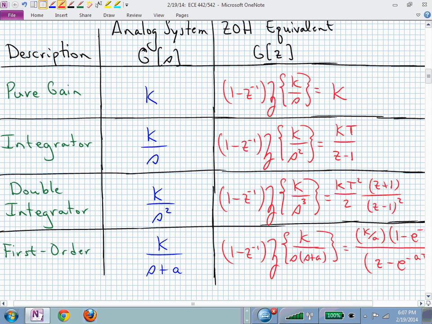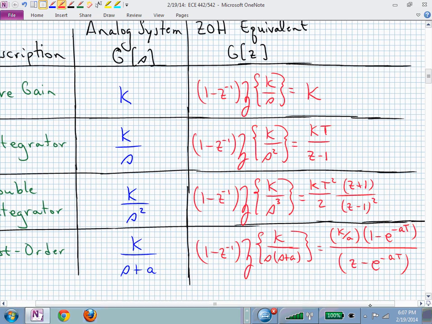What we want to do now is derive this formula, which is the zero order hold of a first order plant. Meaning if you now had an RC circuit and you wanted to simulate that or put that into a discrete time representation, how do we make that happen? How do we produce that system? How do we end up with this expression?